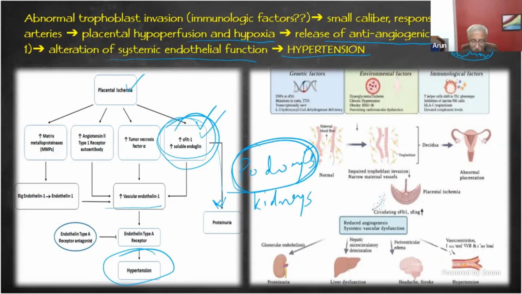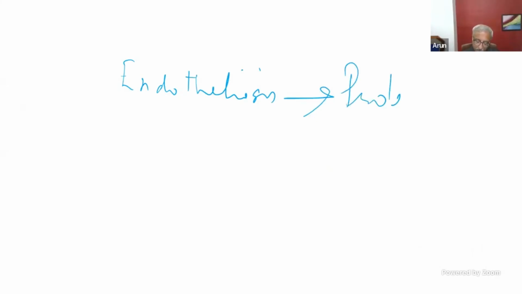So if somebody asks you what is the reason for proteinuria in PIH? Initially, what we were always telling was that there is endothelial dysfunction or endotheliosis, which was thought to be the reason for proteinuria in PIH or PET, whatever we call it.